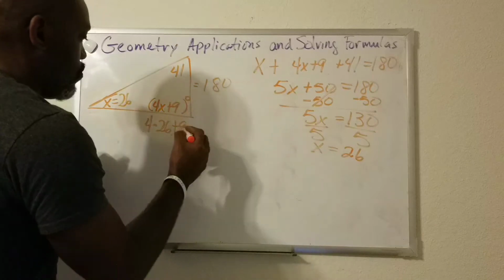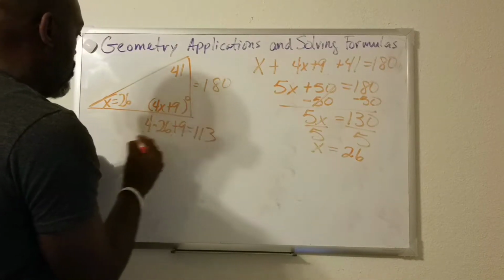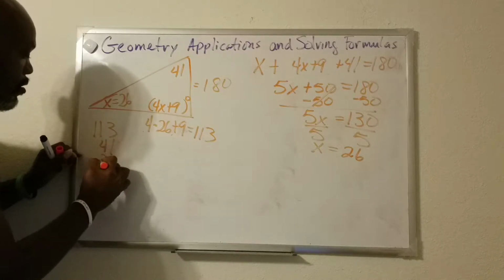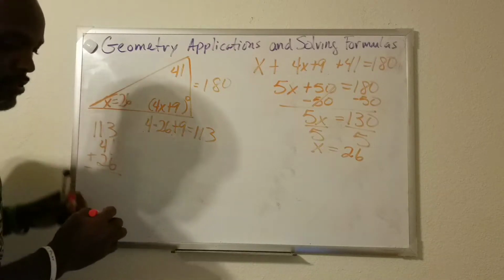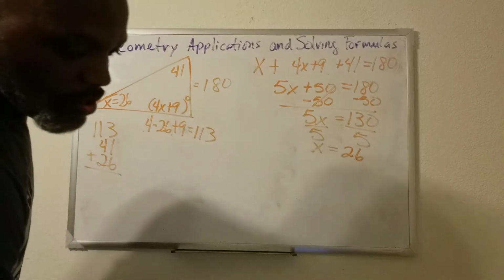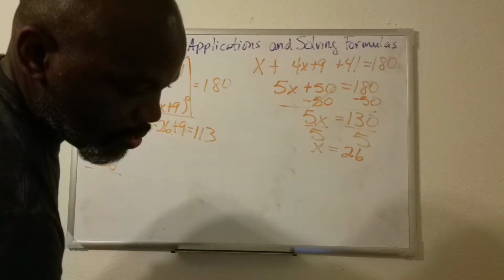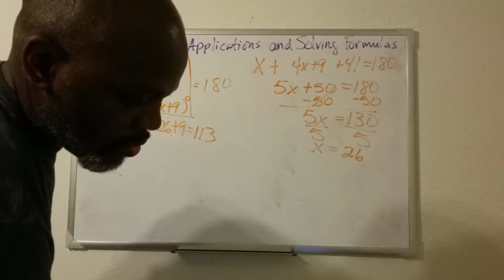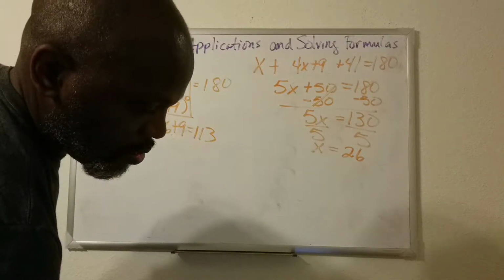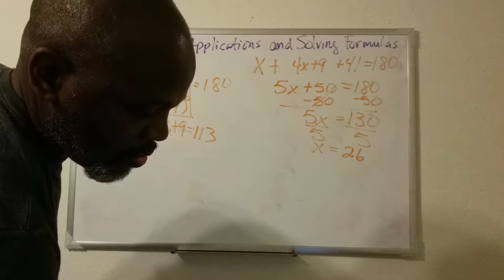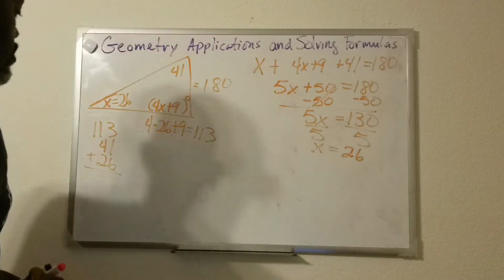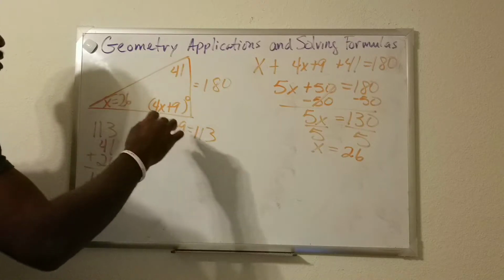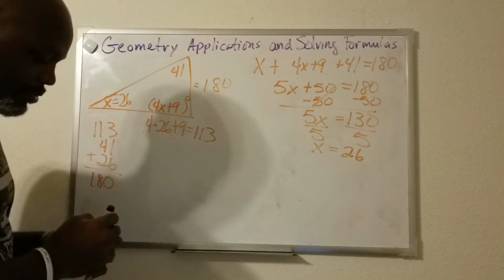It says that it's 113. So let's see. 113, 41, 26. If we add those together, does it give you 180? It does give you 180. So all this work would be correct.